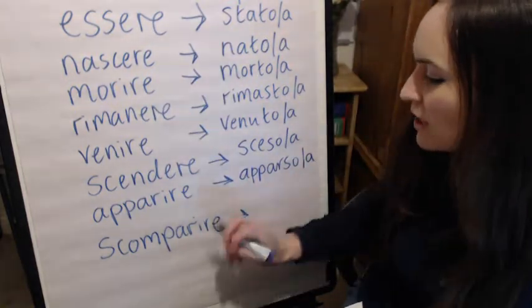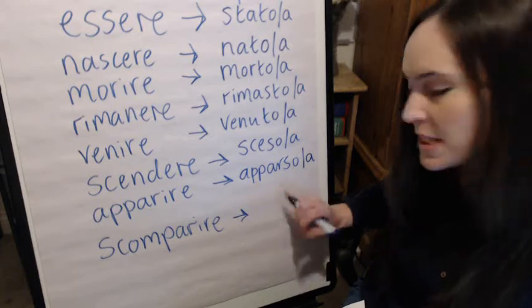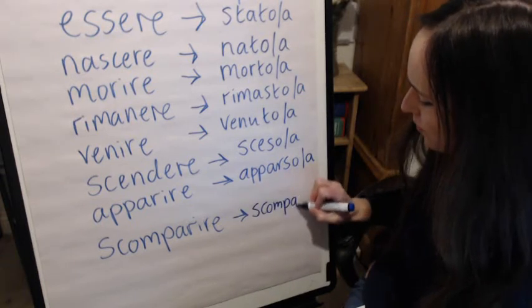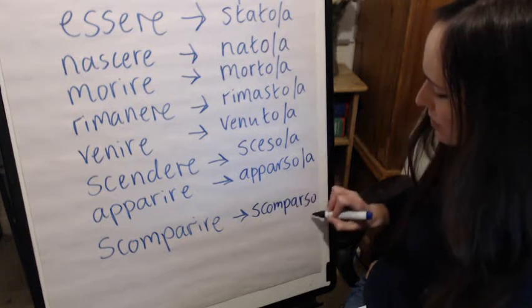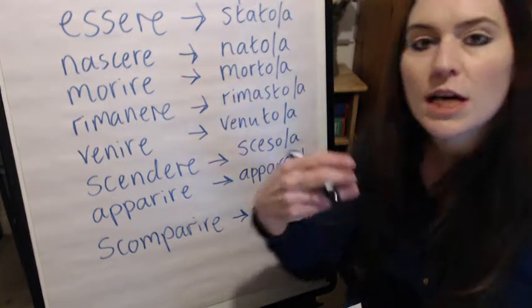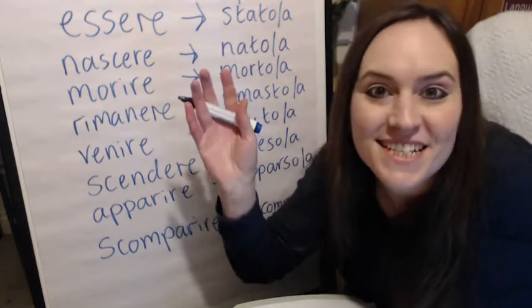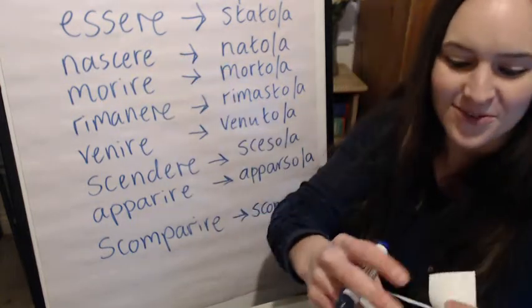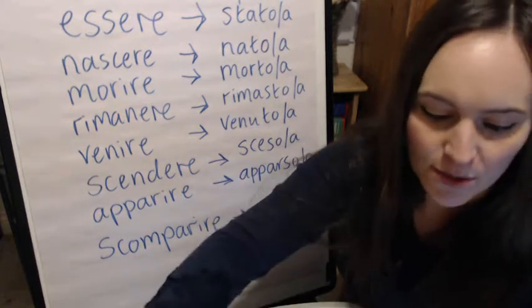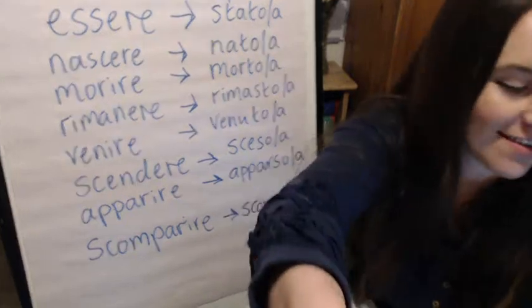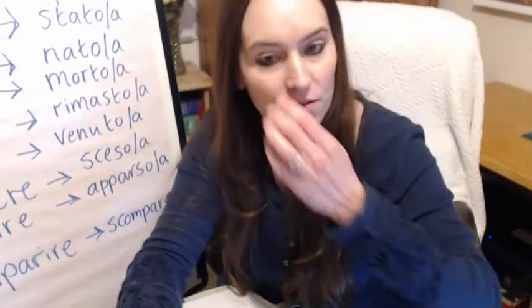You can probably guess it's very similar to this. Scomparso. There's not quite enough room to put the a. Io sono scomparsa. I disappeared. Okay, so let's have a look back through the list of infinitive verbs that I have in my hand.